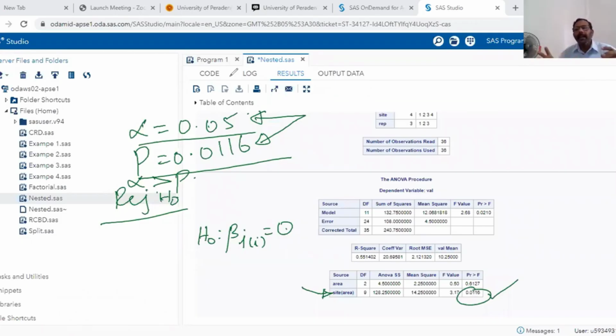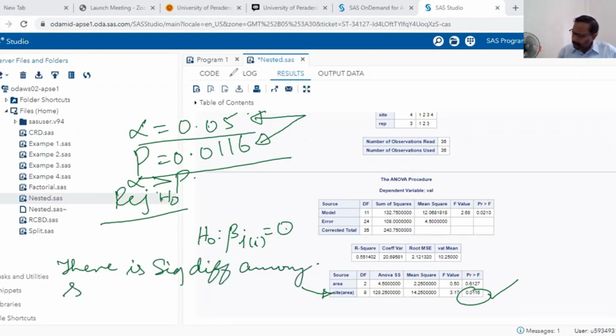Then for each area, because we said there is a significant difference among sites within area, so this is my final conclusion.